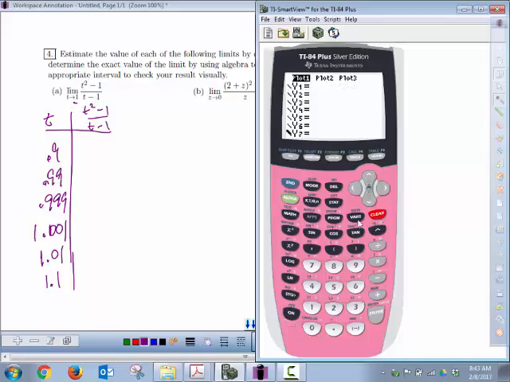So I'm going to clear my first one, y1, and then I'm going to put in parentheses. Now it says t, but when you're graphing things in the graphing calculator, thanks, Victor, this particular graphing calculator has x as the independent variable, so just keep that in mind. And don't forget about the parentheses.